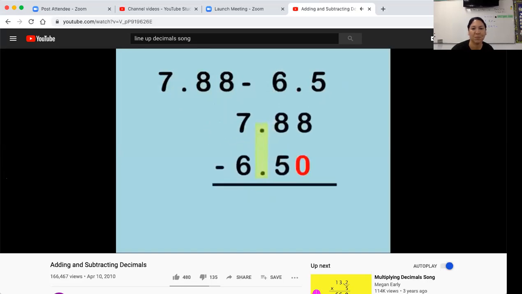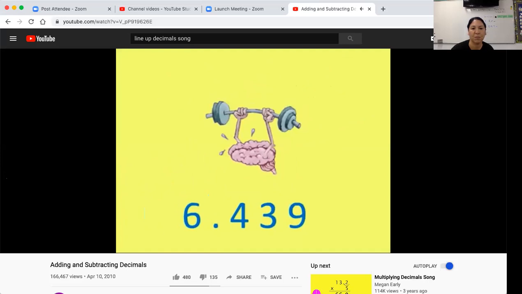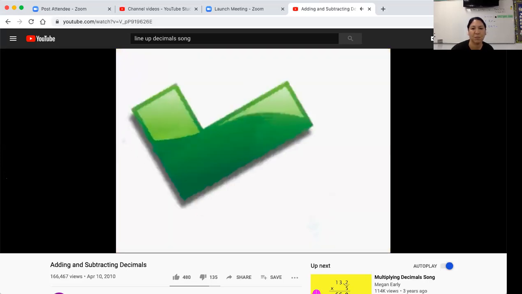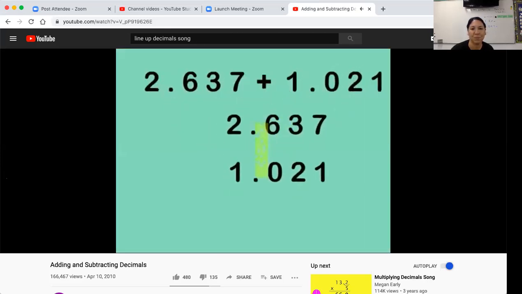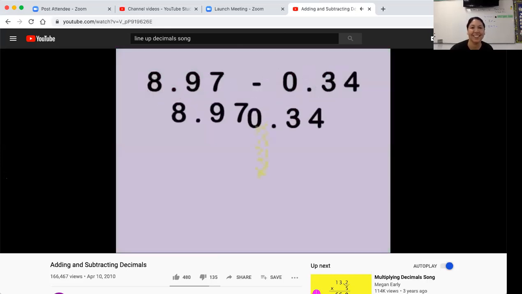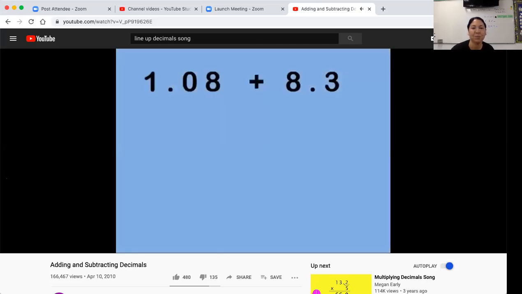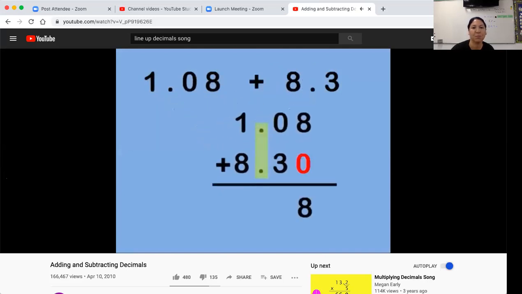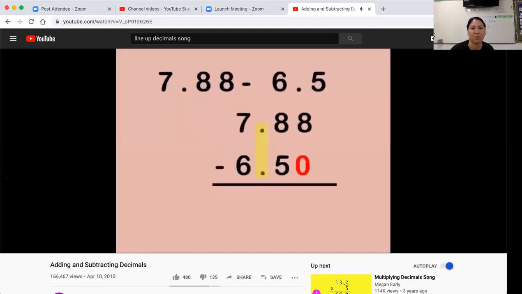So add extra zeros when you add or subtract. When you are calculating, make sure you're right. If no mistakes you're making, you are very bright. Line up the decimals when you are adding or subtracting.